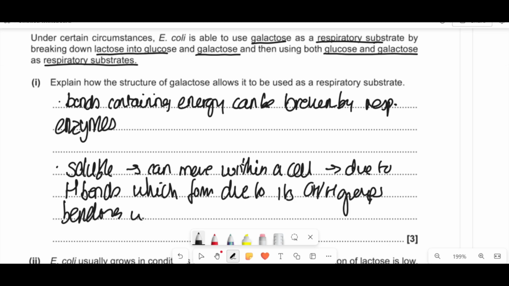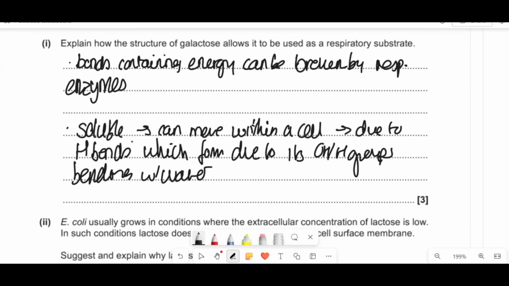You can't just say, oh, the bonds can be broken or the bonds contain energy. The idea is that the bonds contain energy because that's its structure. It's allowed to be used as a respiratory substrate, to be broken by respiratory enzymes. And in this sense as well, it's soluble, can move around, right? But that doesn't tell me the structure part. That's only the property, which is due to the hydrogen bonds.